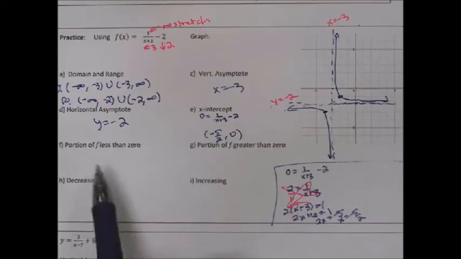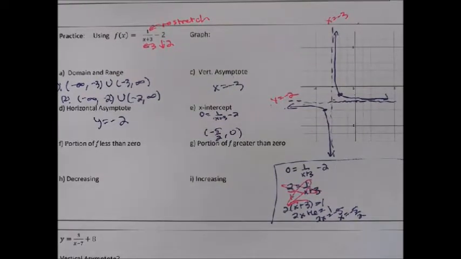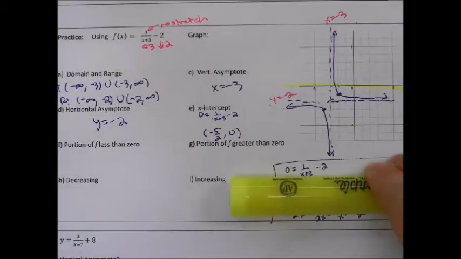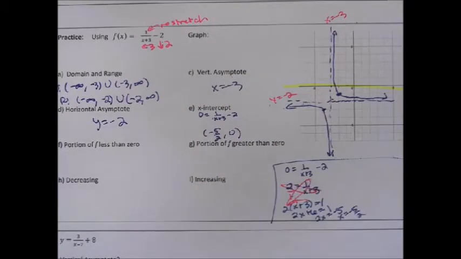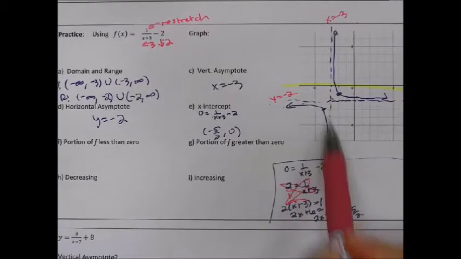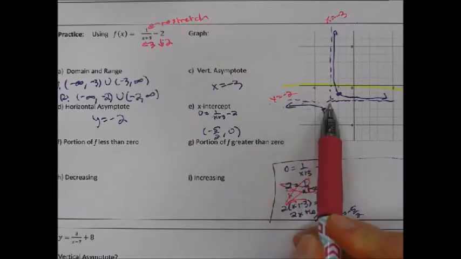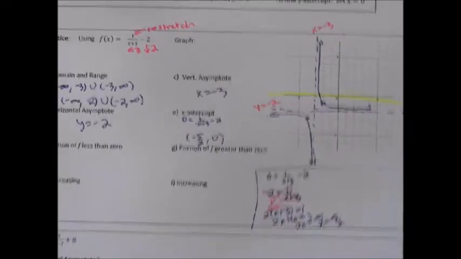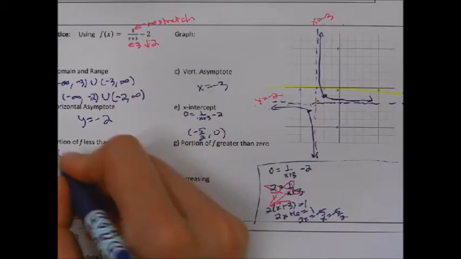All right, where are we less than 0? So remember, less than 0 is looking at our x-axis and asking what's below it. This portion of our curve is below it. So what's this from? This is from negative infinity, and it stops at negative 3.